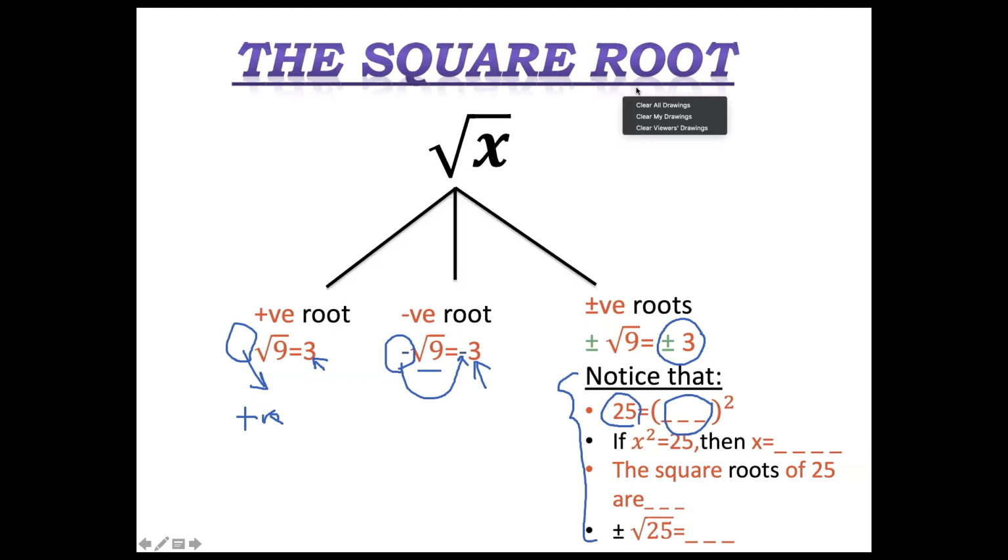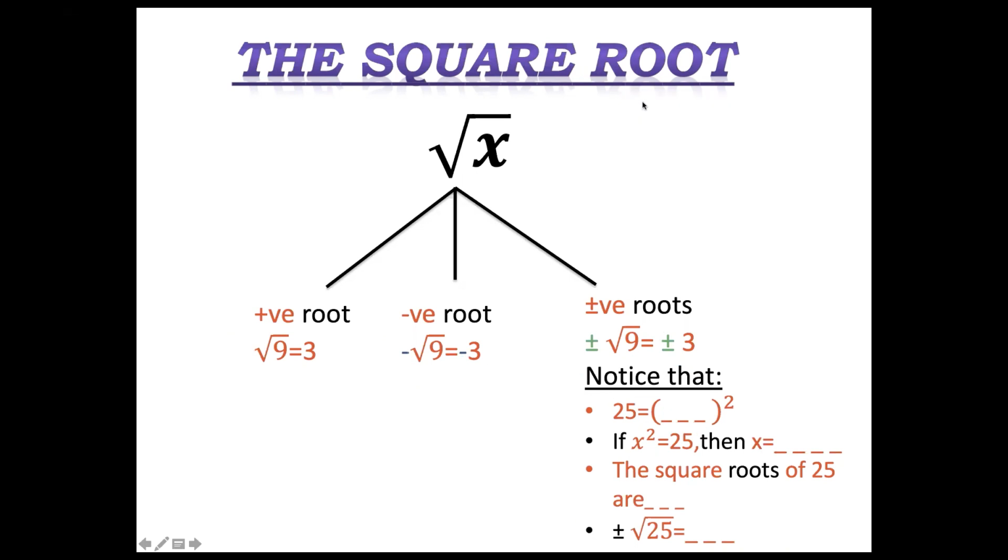If you want to get this value, you have to put a square root for each side, to cancel the square. So the square root of 25 will be 5, but not only 5, it may be positive or negative.